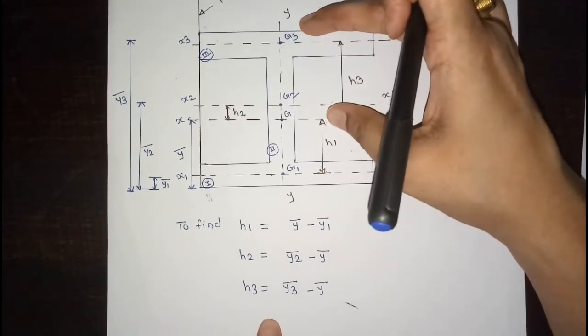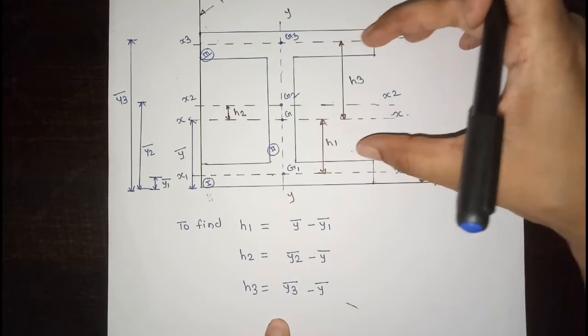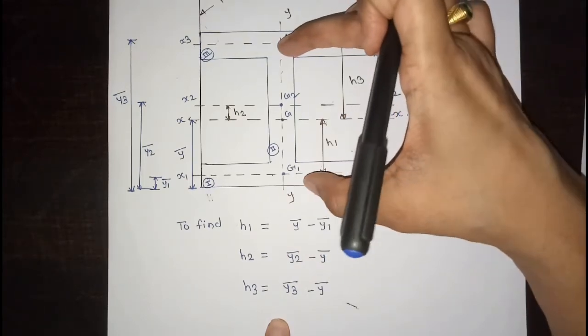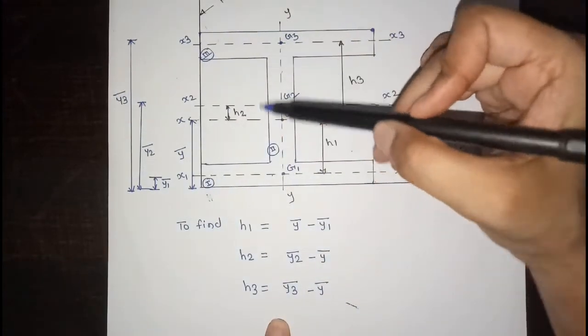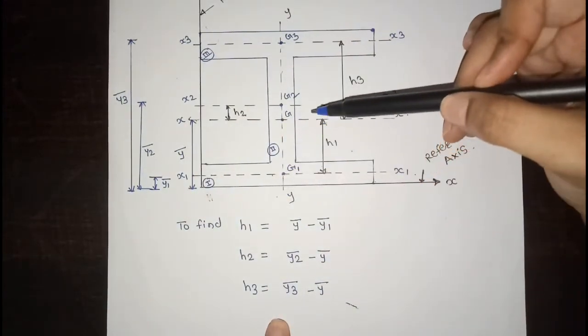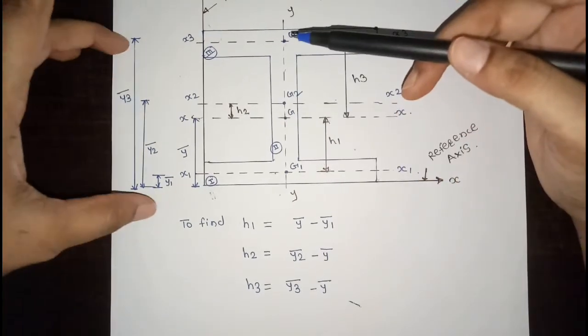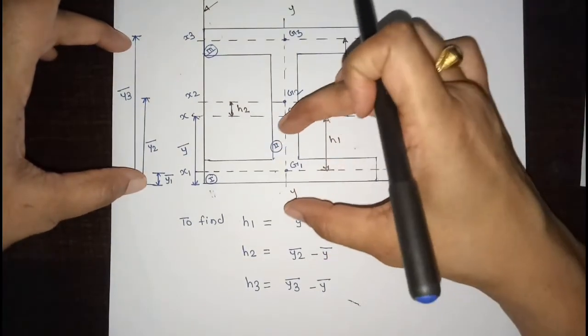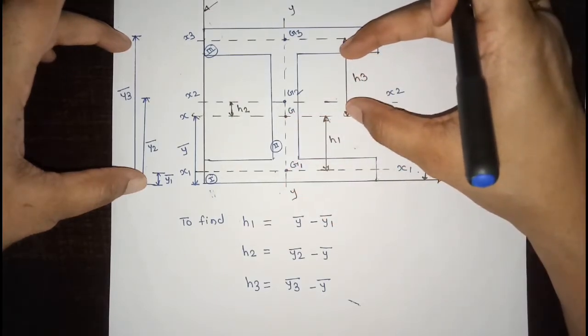Same for H3. Calculate distance H3. G3 to the base of the x-axis means y3 bar. So y3 bar minus y bar, this distance, then we get H3.